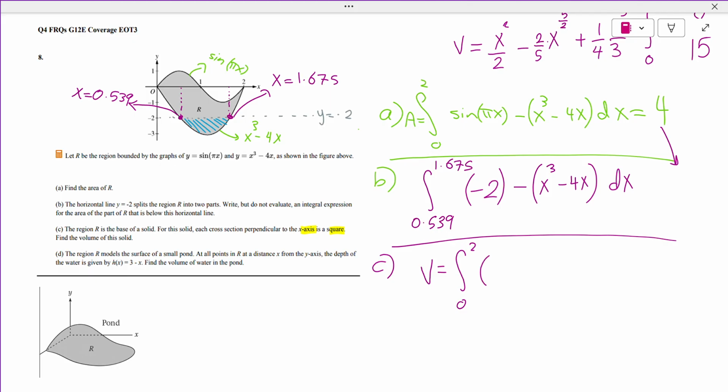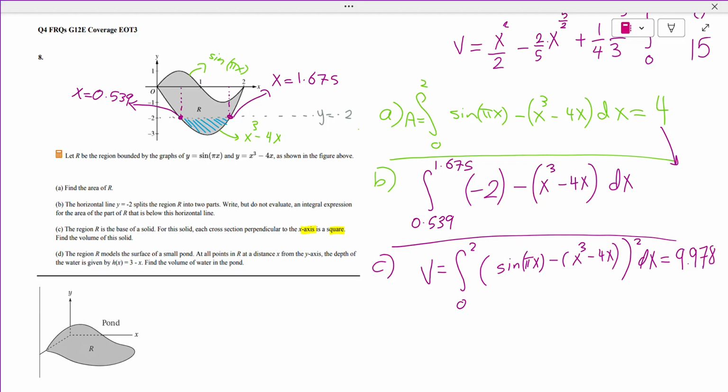Upper minus lower, which is sine of pi x minus the lower, which is x cubed minus 4x, all squared dx. Use your calculator here to evaluate. You will get 9.978.